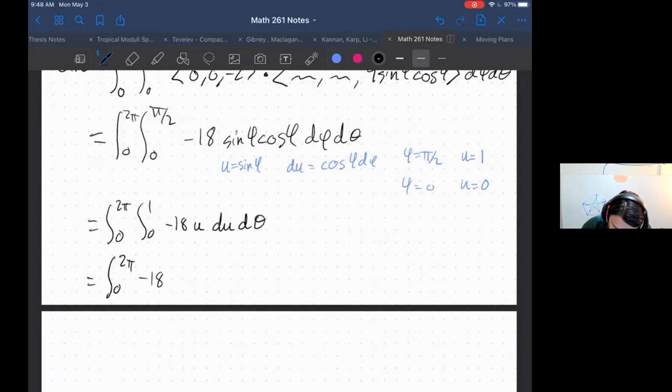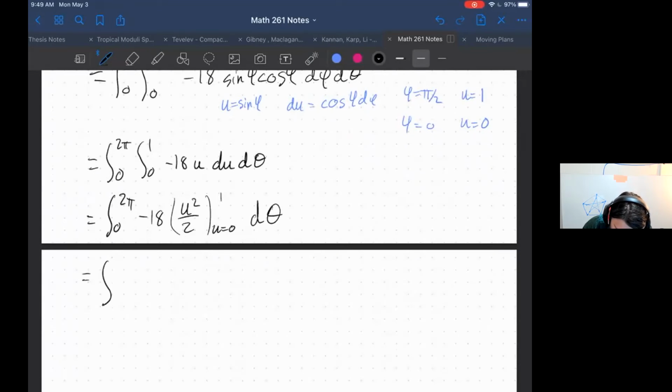So we have a negative 18 u squared over 2 going from u equals 0 to 1 d theta. The only thing here that really changes is now we have a negative 9 d theta, but this is actually the exact same integral that we had before for the circulation part. You go through, you calculate it, you get a negative 18 pi.